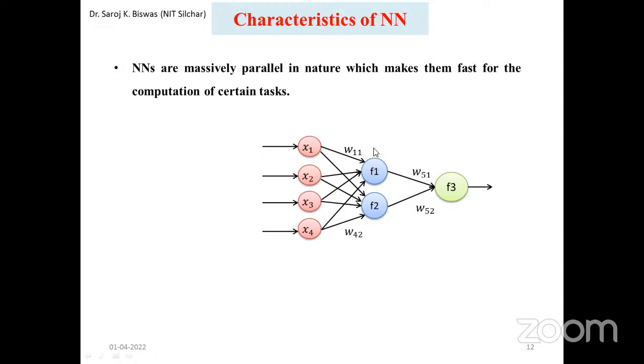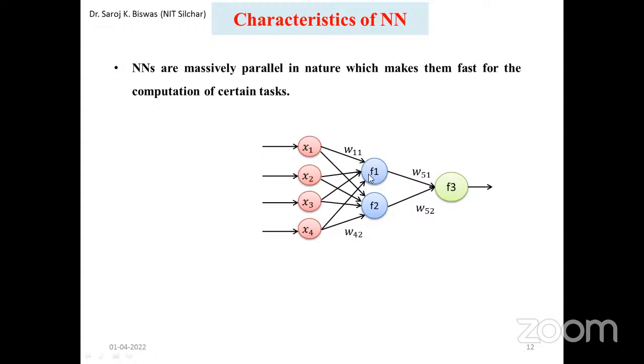Even if the output is computed here, the output cannot be given to the next layer until the computation is done for all of the hidden neurons, because the computation of this other hidden neuron is still left. So the computation will be completed once all the neurons of the same layer are completed. Only then is the information propagated to the next layer, right? It means they are working in parallel.